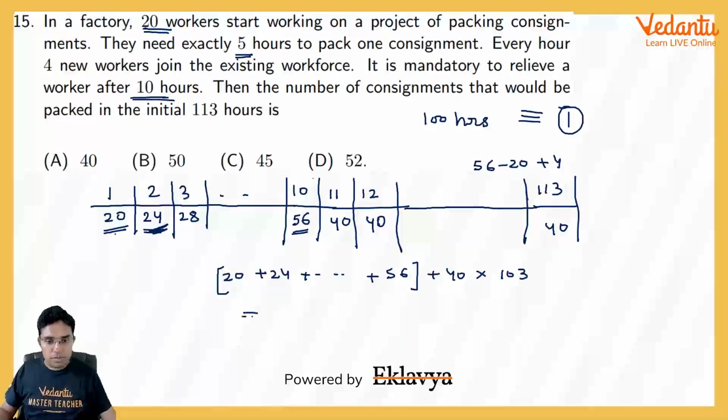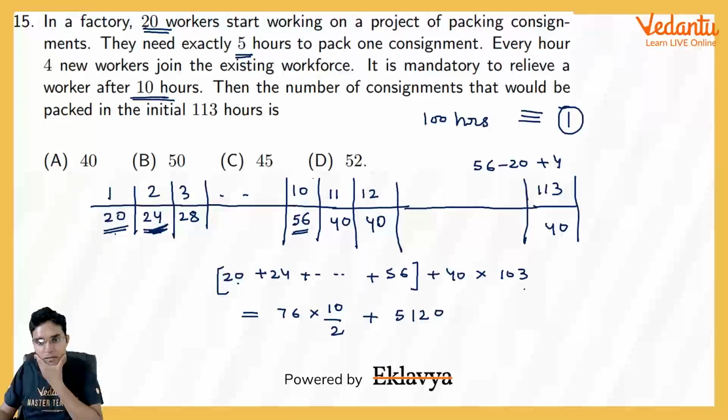What is the sum of this AP? I think A plus L is 76 into N, N is 10 by 2 plus this will be I think 5120.